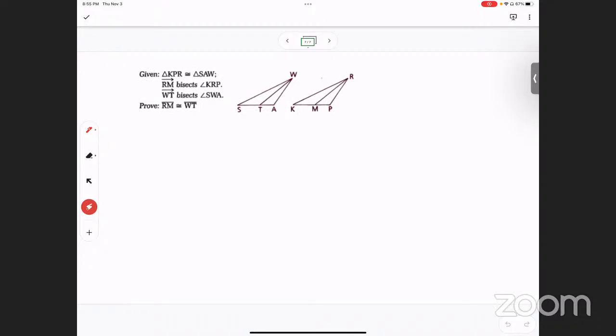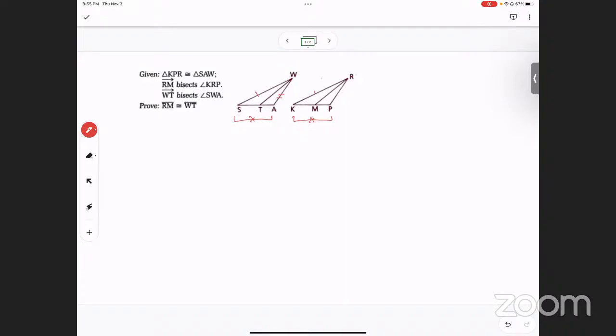Okay, given triangle KPR and triangle SAW, KPR is congruent to SAW. So this is equal to this. This is equal to this. And this whole thing is equal to this whole thing. And the angles also are equal. RM bisects angle KRP.